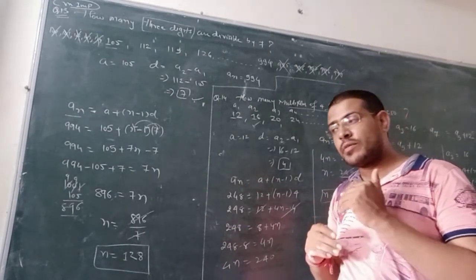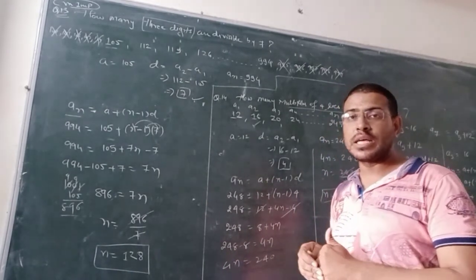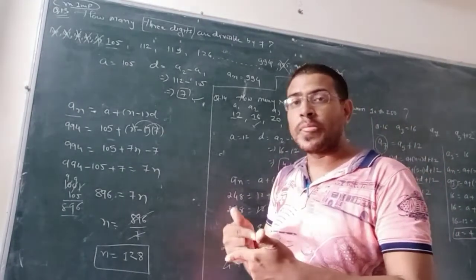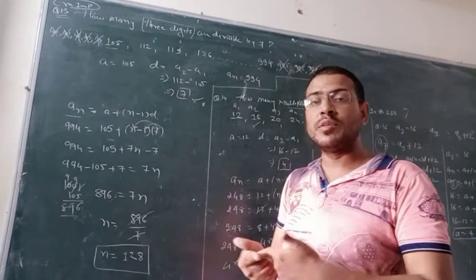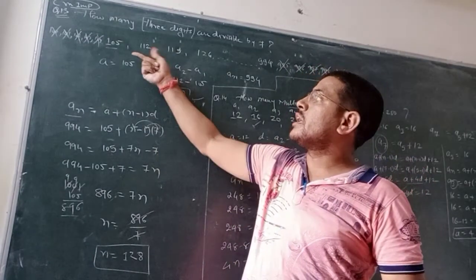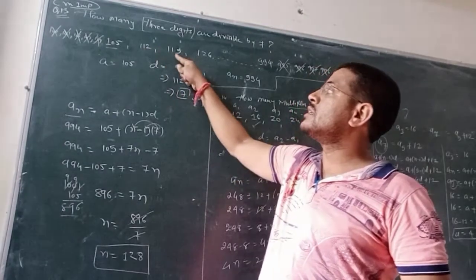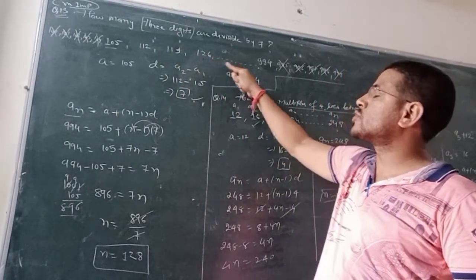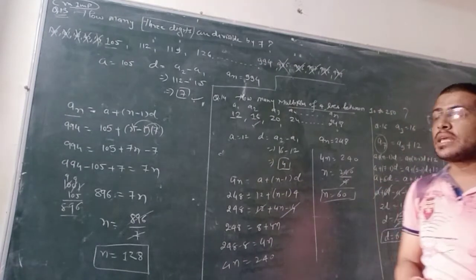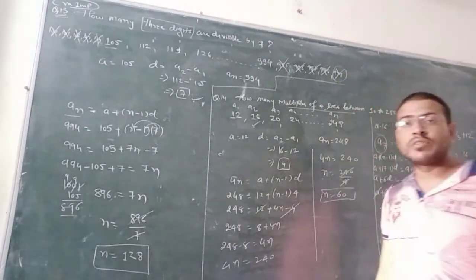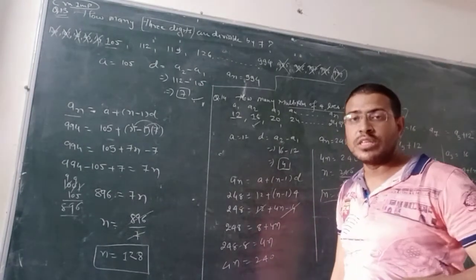Now if we go on in the same arithmetic progression, after every 7 numbers we will get another number divisible by 7. So directly after 105 we'll put 112, 119, 126, and so on up to the last 3-digit number, that is 999, because after that it will be 1000, which is a 4-digit number.